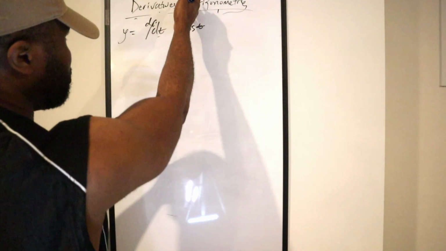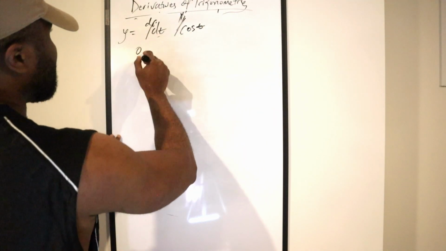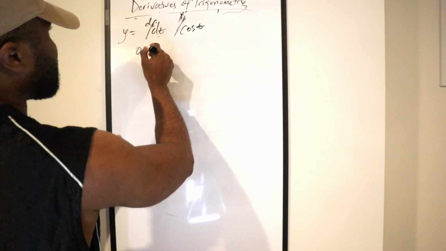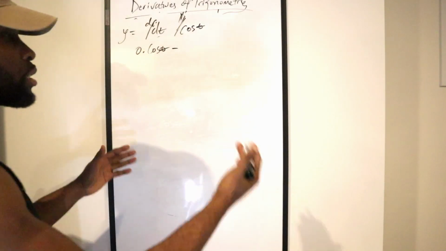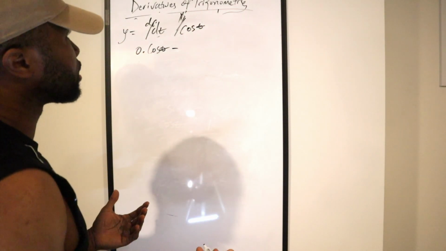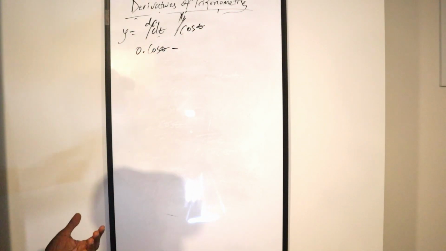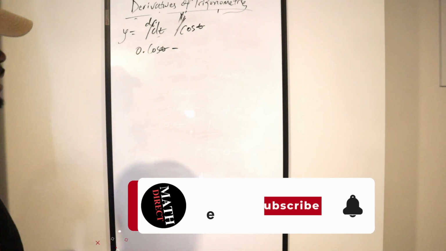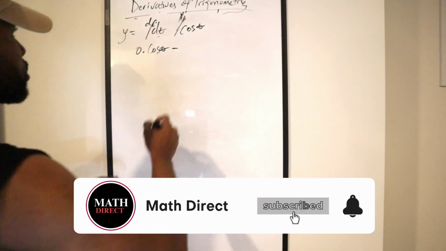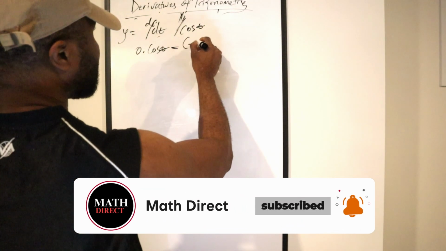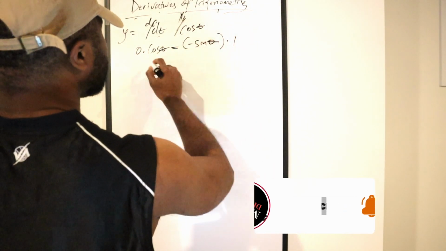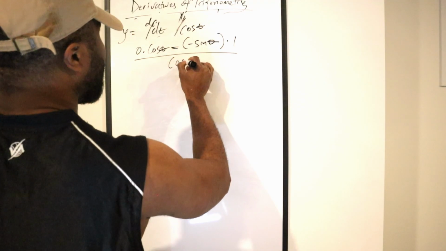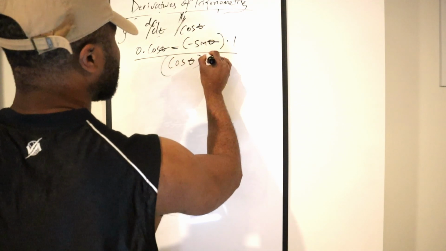So we differentiate the numerator, which is 0, keep cos theta constant, minus differentiate cos theta. The derivative of cos theta is minus sine theta. So minus sine theta, and keep one constant, divided by cos theta squared.